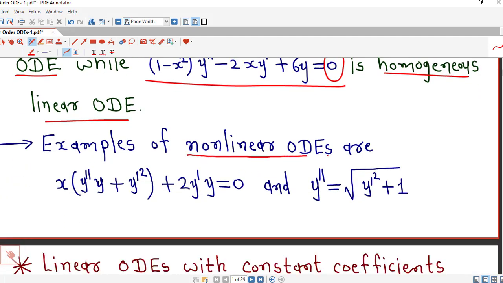These are two examples of non-linear ordinary differential equations. We can see these two equations are not in standard form. Here we have y double dash and y multiplied. Again we have the square of y dash, so this is non-linear. Similarly here we have the square of y dash, so this is also non-linear.